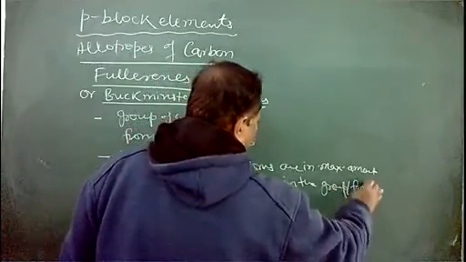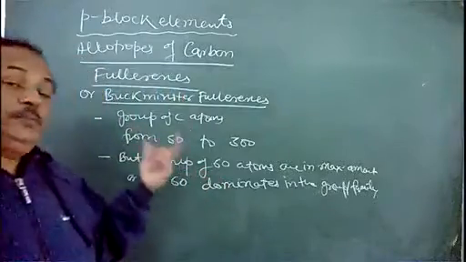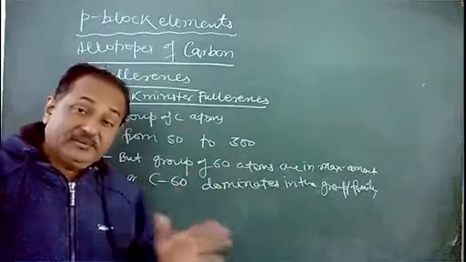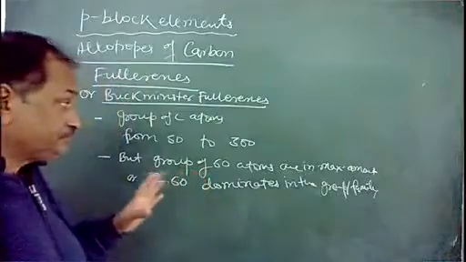Actually, it is a very huge family made up of different groups of atoms. It starts from around 50. It can be up to 300. You can imagine, children, in one group 300 atoms. So it is very huge.